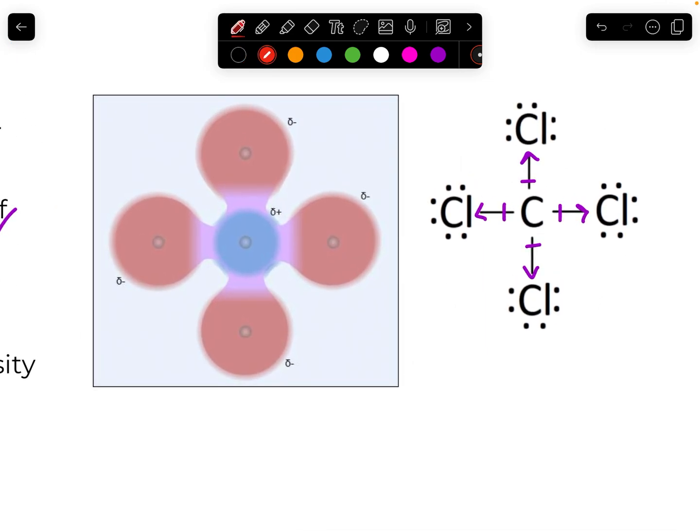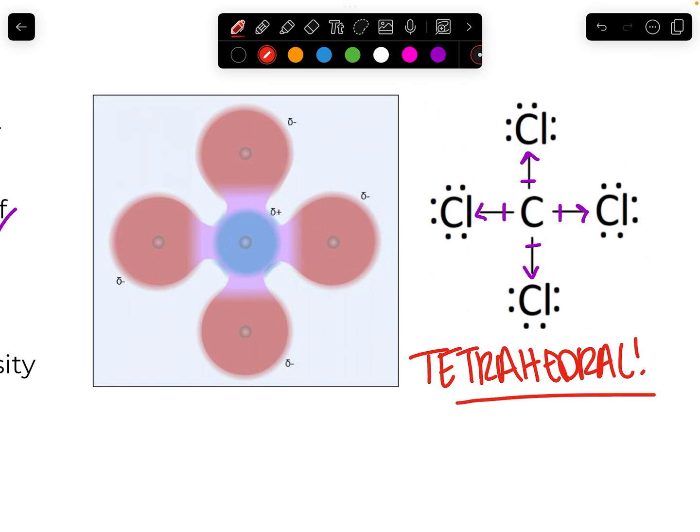4 bonds, 0 lone pairs, tetrahedral. So this thing's clearly tetrahedral. What we have to decide now is, is the whole molecule going to be polar or non-polar? So think about it for a second. This chlorine is pulling electron density that way, and this chlorine is pulling electron density this way.